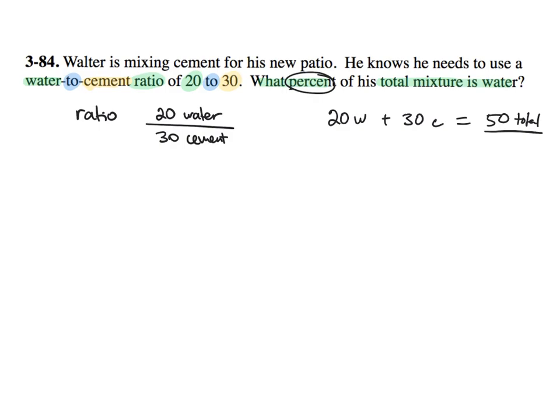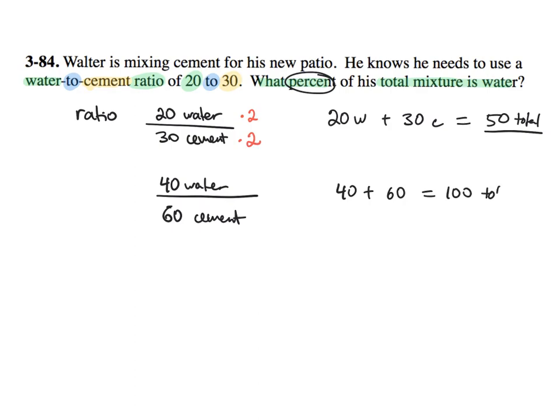So if I double that, so multiply by 2, I would have 40 of water over 60 for cement. Okay, and then my total will be 40 parts plus 60 parts, so that's 100 total parts of when it's mixing.